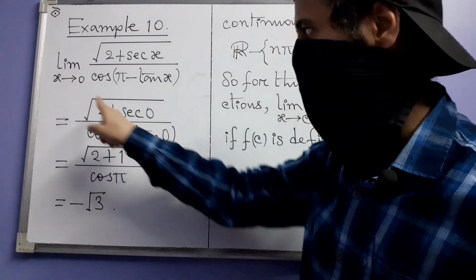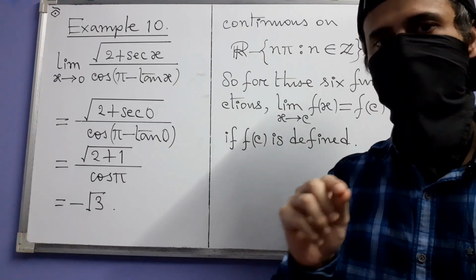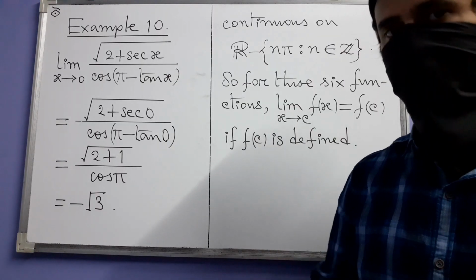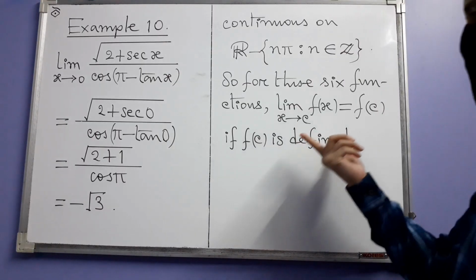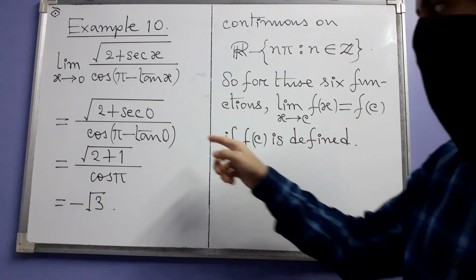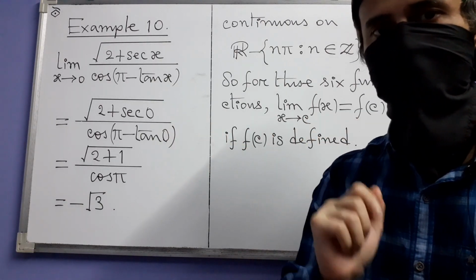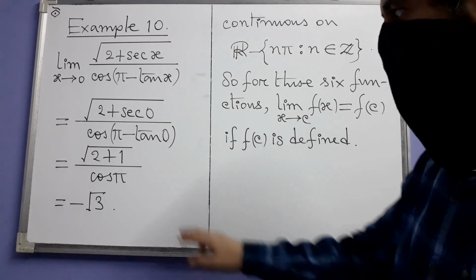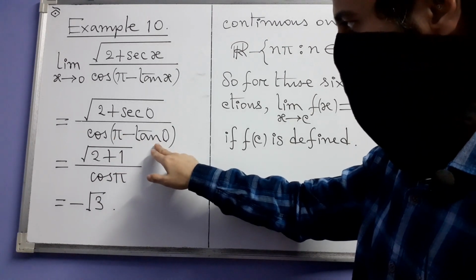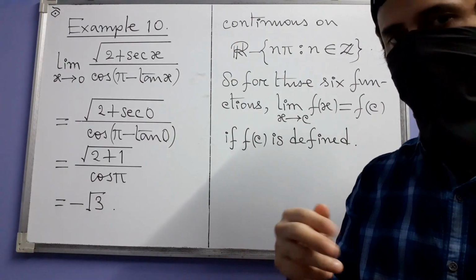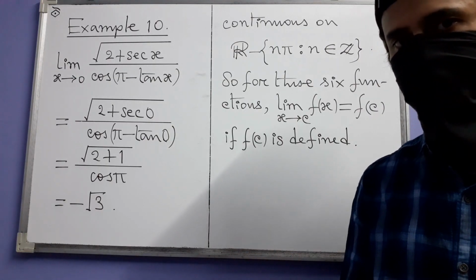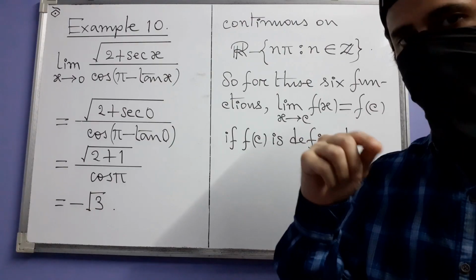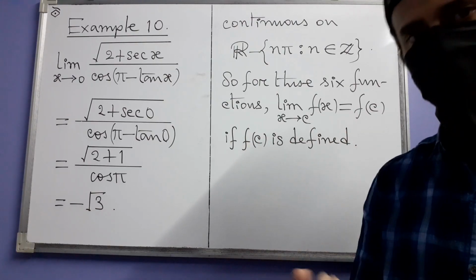We know that the limit of secant x at x equal to 0 is secant 0 because of this continuity and because of the fact that secant 0 is defined. At 0 the secant function is defined. Similarly, you can also see that at 0 the tangent function is defined. So the limit of tan x as x approaches 0 is also equal to tan 0.